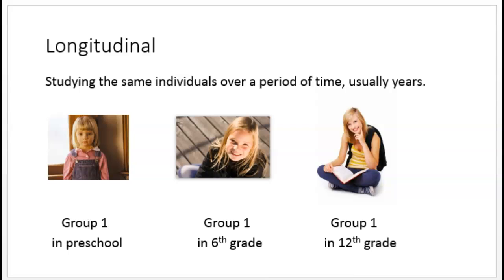Okay, so here you get to compare the same person to themselves at different ages as they grow over time. So you get a much more accurate picture of how development actually occurs within individuals.